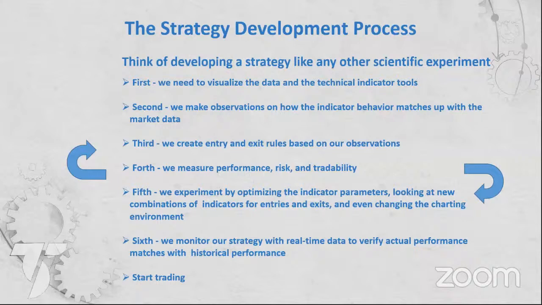TradeStation is incredibly optimized to do that kind of work. And when you put that into the chart, it can go through many of those scenarios, hundreds or thousands of scenarios in just a few seconds or a few minutes, and then give you a comprehensive report of all those different scenarios, all those different optimization runs.